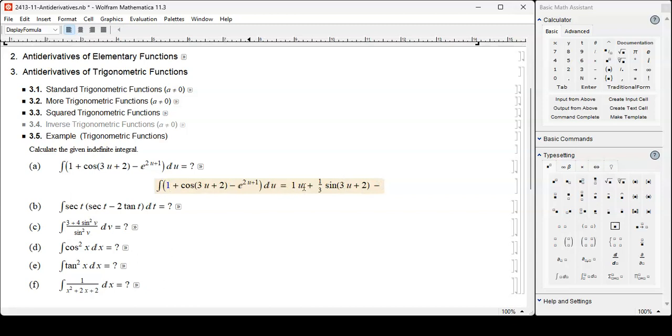Oh, by the way, this one is blue. And then let's use red for this. And then let's keep this green. So the exponential always remains the same, 2u plus 1, but then again we need 1 over a.